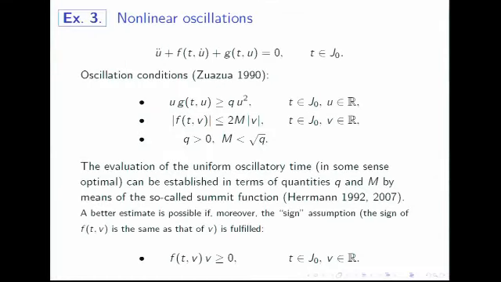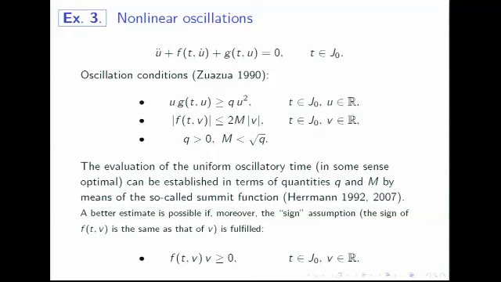Nonlinear oscillations, or more specifically, the equation u double dot plus f(t) u dot plus g(t) u is equal to 0.